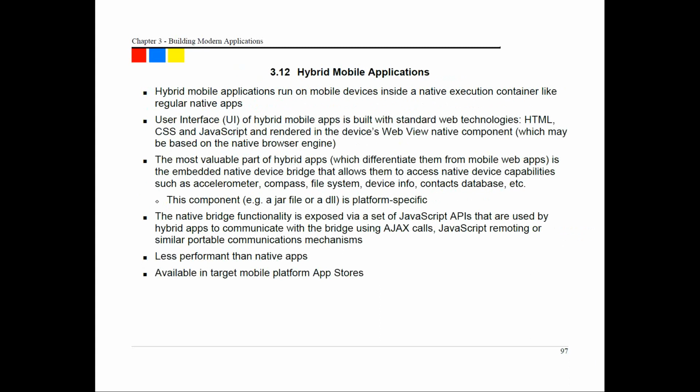It's just that we're using a JavaScript interpreter to run it, and we're using HTML5 to display things in the native app. That hybrid mobile app is quite commonly available in mobile platform app stores. So actually, if you use the app for Facebook or for Twitter, it's not actually written for iOS.